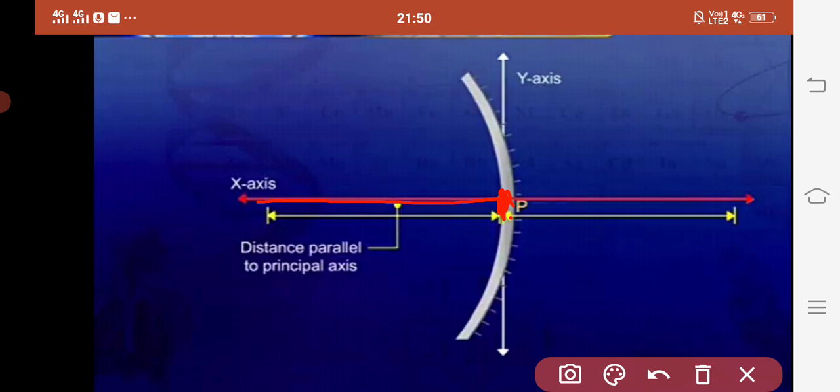For object distance, we measure the distance to the point at which the object is placed, and we measure the distance of the image from point P to the point at which the image is formed.